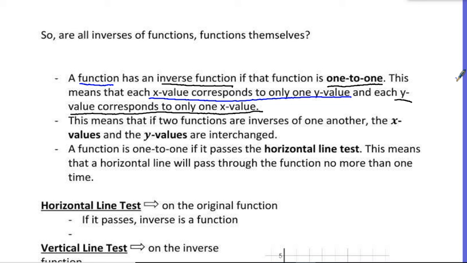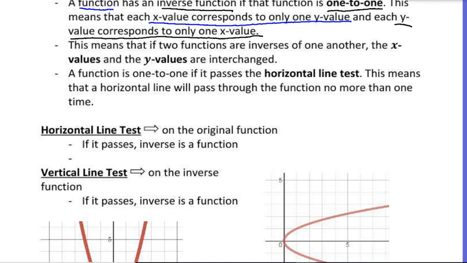So if a horizontal line passes through the original function no more than one time, then the inverse will be a function. The vertical line test on the original will indicate whether or not the original is a function to begin with, but the horizontal line on the original will tell us if the inverse is going to be a function before I've even graphed the inverse.